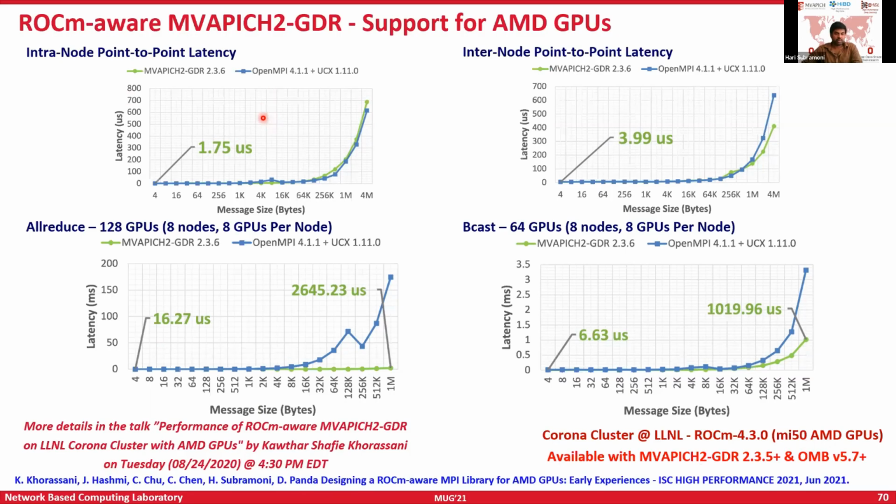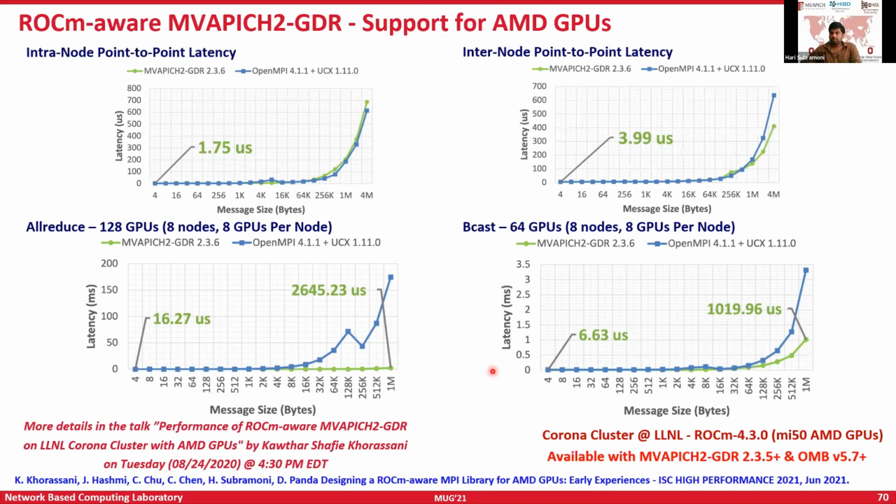Compared to Open MPI, we are able to get very good internode and intranode point-to-point communication, as well as very good performance for reduction collectives like allreduce at 8 nodes with 8 GPUs per node, for a total of 64 GPUs, and for broadcast as well with 8 nodes and 8 GPUs per node. So we get significant benefits compared to other MPI libraries like Open MPI here.